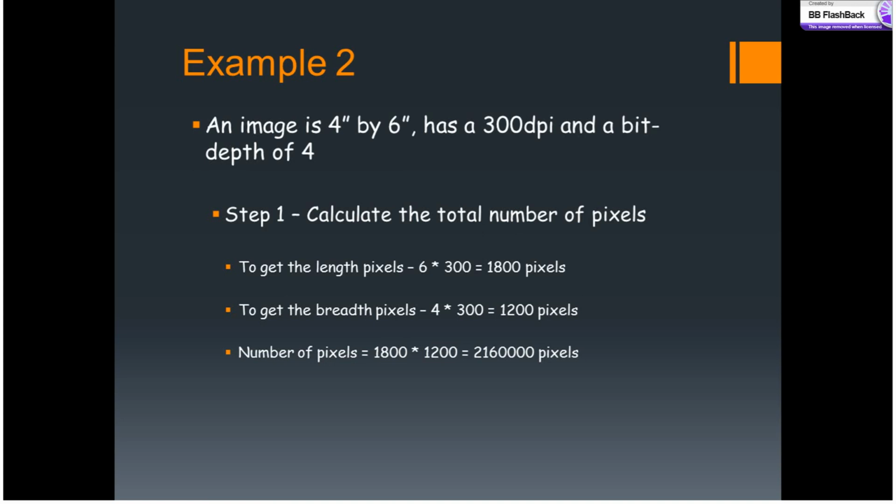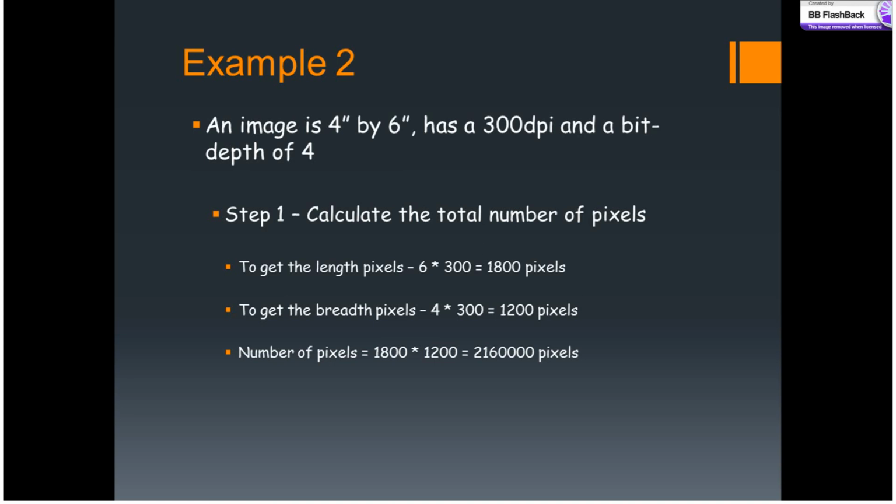To get the breadth pixels, we multiply 4 by 300 and we get 1200. We then multiply these two numbers together and we get 2,160,000. That is the same pixel count as example 1. Just pointing that out here. I noticed that. I didn't go and change it. It is a complete fluke.